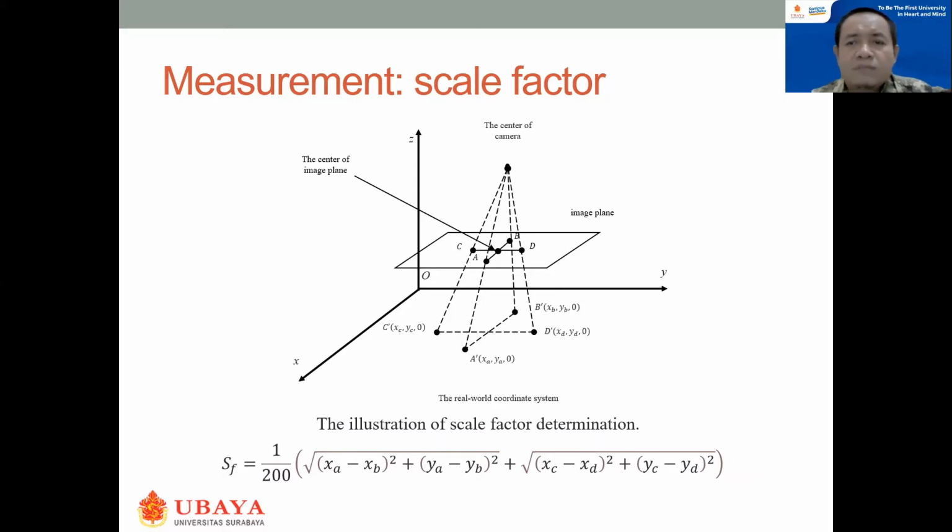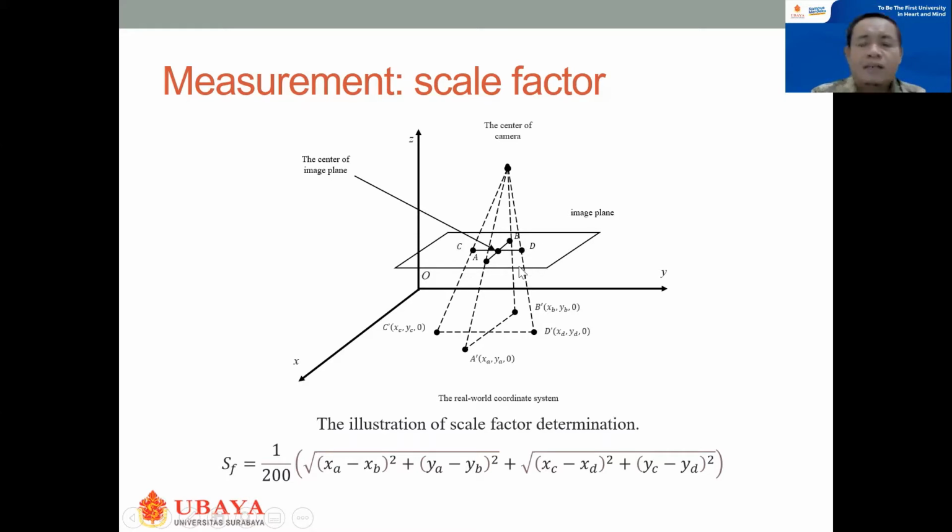So first, we determine the center of the image plane, and then we determine 4 pixels with a distance of 50 pixels from the center of the image, parallel to the horizontal and vertical coordinates of the image plane. So we obtain 4 pixels A, B, C, D.